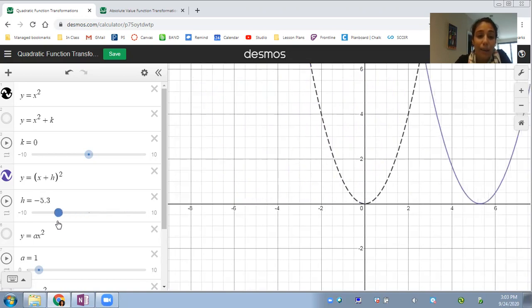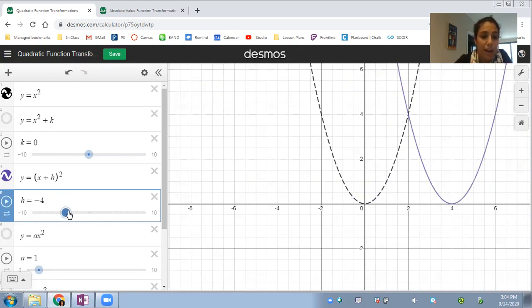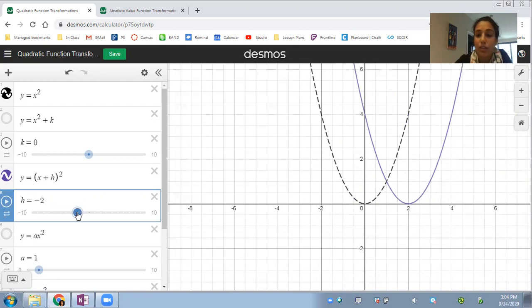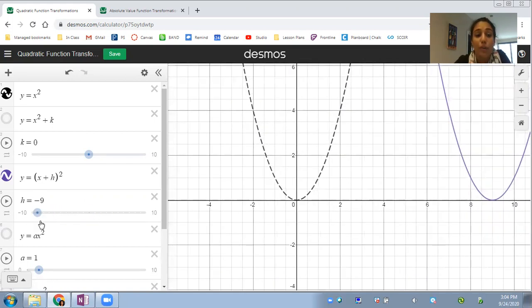If I have x minus 2, it goes to the right 2. If I have x minus 9, it goes to the right 9. So it goes in the opposite direction.